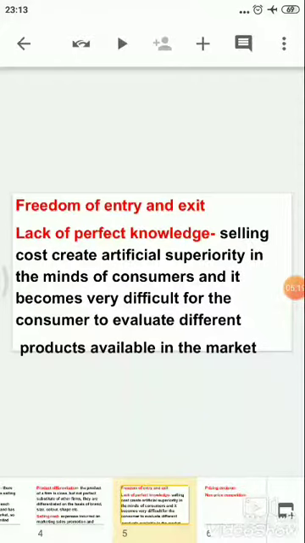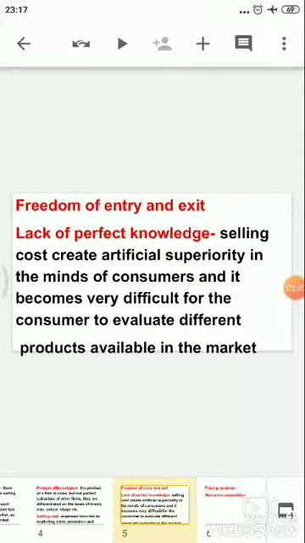Supply will be more because the number of firms is more, so the prices drop down, and therefore the profit margins of these firms are lesser. But if the firms leave this market, then the supply of the commodity reduces, which pushes up the price. And then the firms that are left in the market are able to get a higher profit.